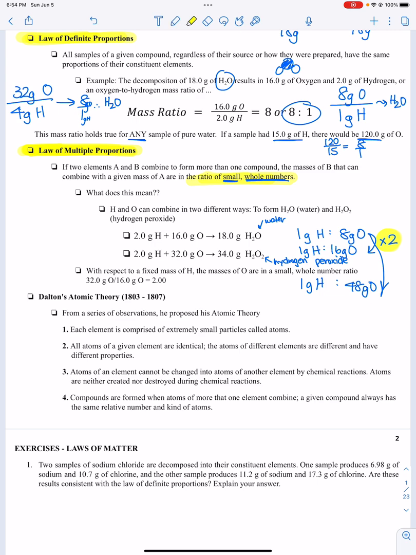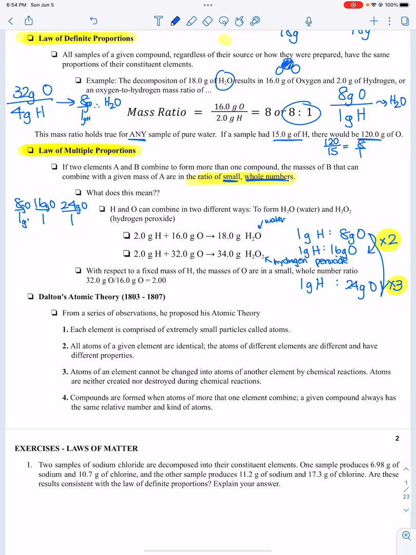Sorry, my math is a little bit off here. If you get the idea, I'm trying to have whole number ratios. So if I had 24 grams of oxygen, this is 3 times larger. 24 over 1 would be 3 times larger than 8 over 1. All of these ratios that I have here, 8 over 1, 16 over 1, 24 over 1, the top number represents grams of oxygen.